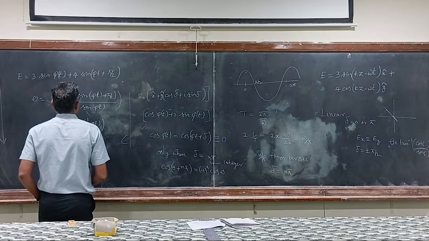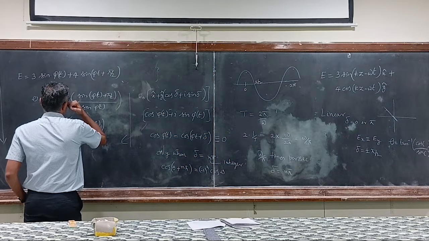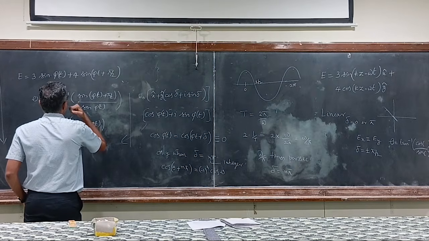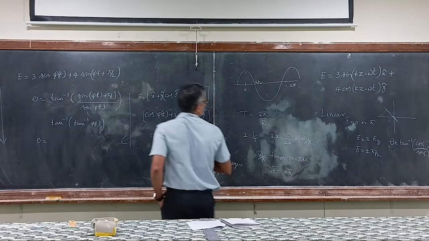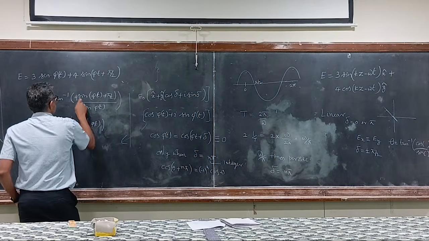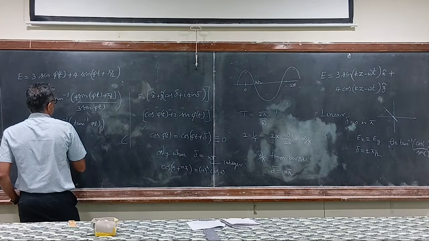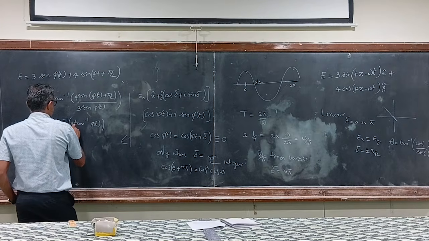We write amplitudes. So Ex and Ey, this will be 4 and 3. Let's say 4 and then 3. So 4 by 3 times.